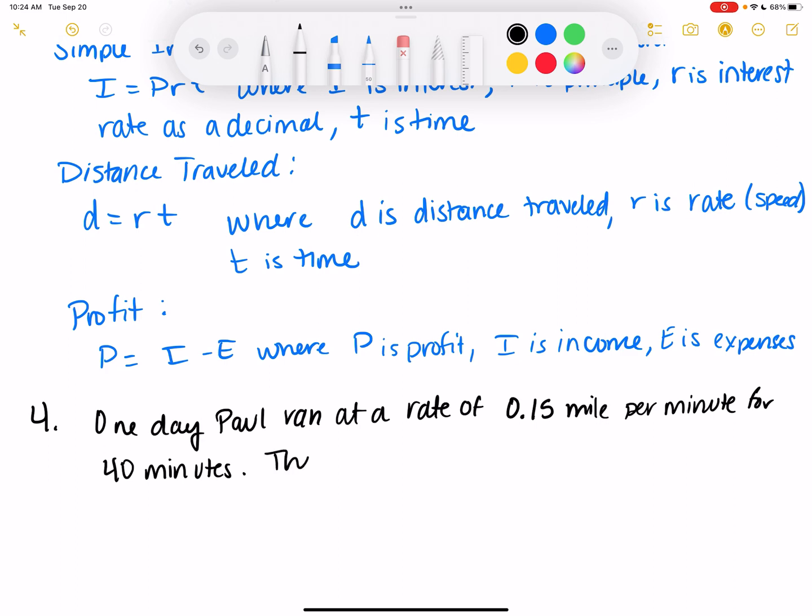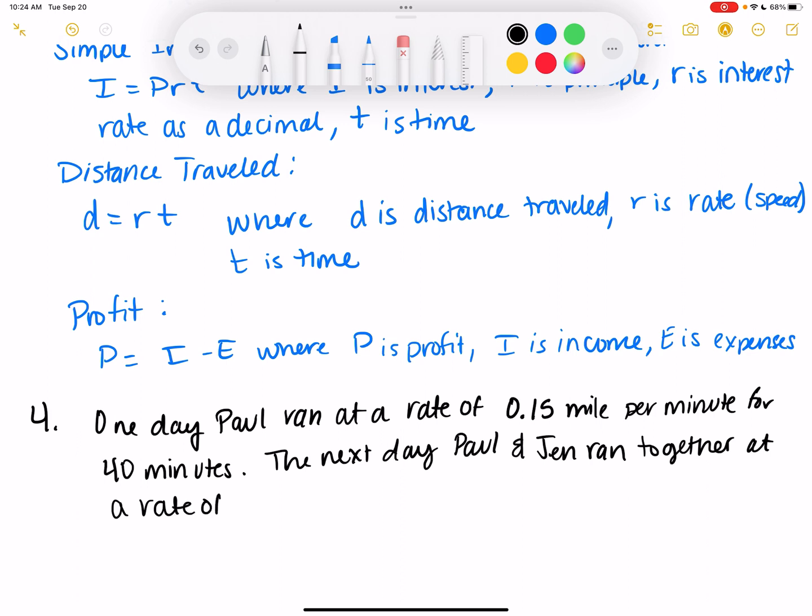The next day, Paul and Jen ran together at a rate of 0.16 miles per minute for 50 minutes.